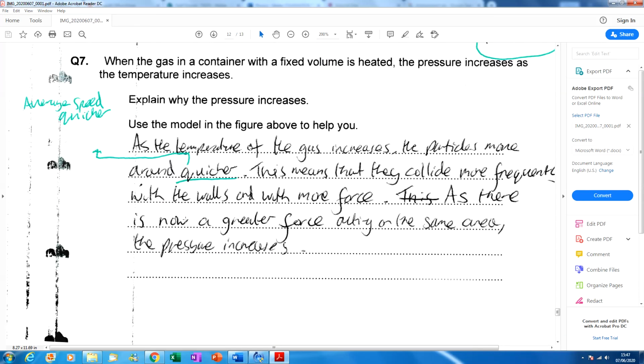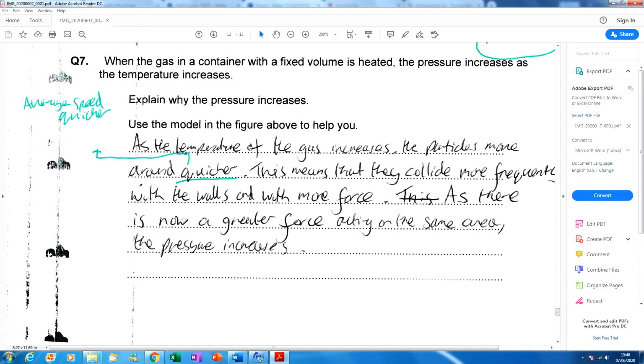So key thing to remember is when the temperature of a gas increases, what that means is on average the kinetic energy of the particles is increasing, and that means that the average speed of particle motion in the gas is also increasing. So if particles are moving around quicker, they will bump into the walls with more force, and they will bump into the walls with a greater frequency.